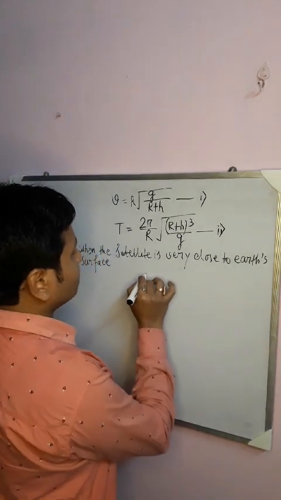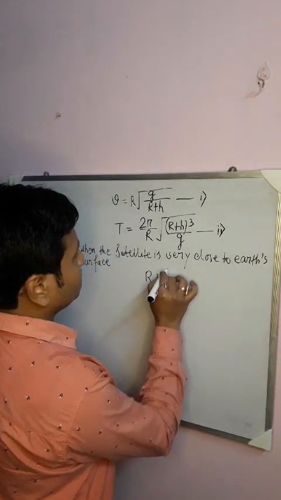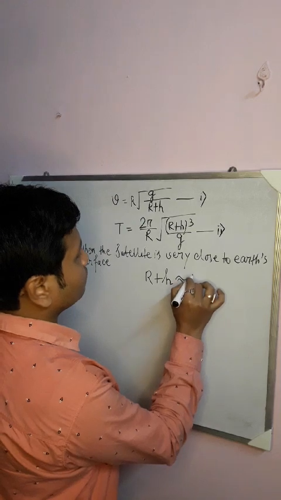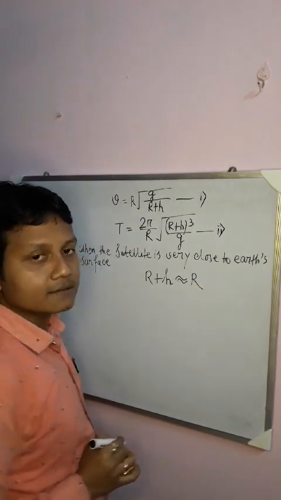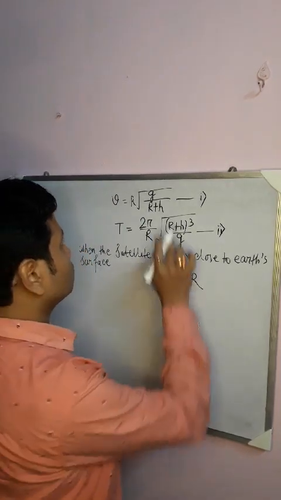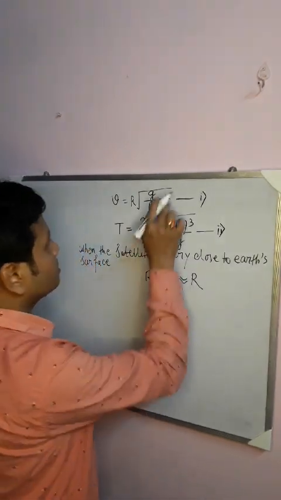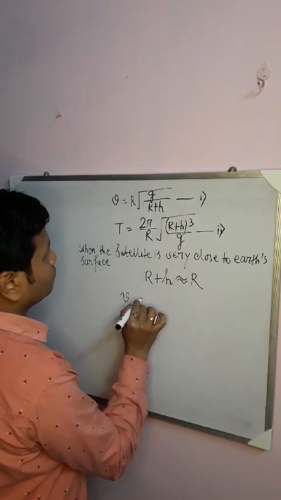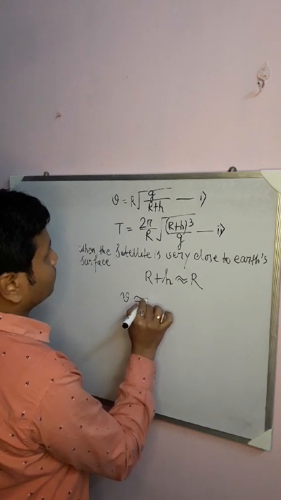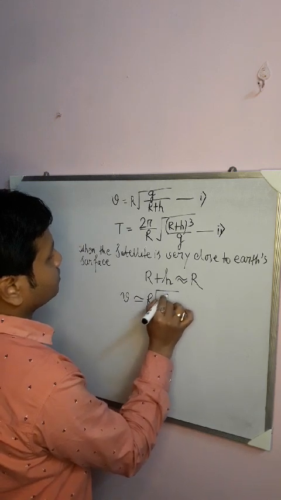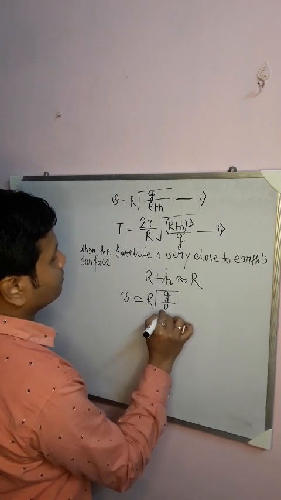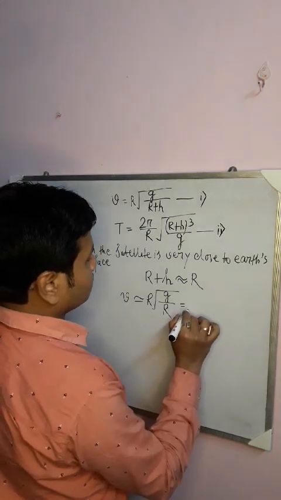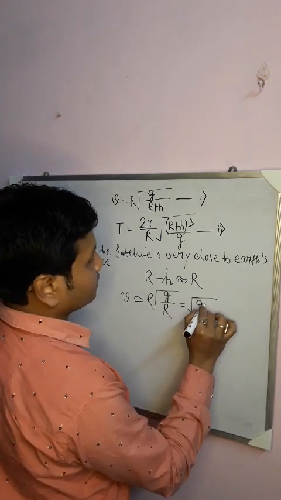That means h is very small, so we take R plus h as almost equal to R, since h is very small. If we substitute this approximation in equation 1, what would be the result? We substitute R instead of R plus h, and if we simplify it, we get this.